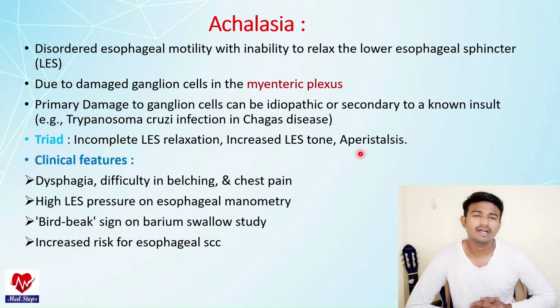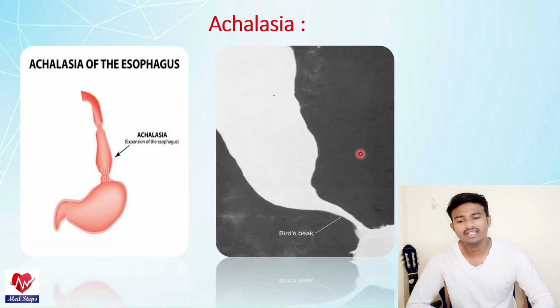If you see the imaging of achalasia, you will get a bird beak type of structure. And because of this achalasia, there is a risk of esophageal cancer or small cell carcinoma. If you see this image, here is achalasia of the esophagus.